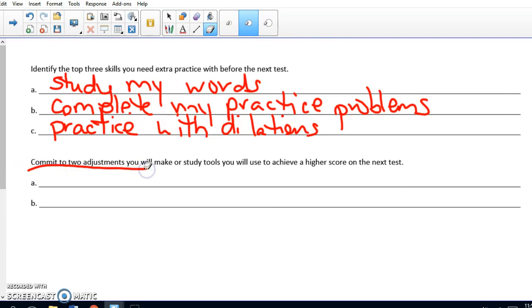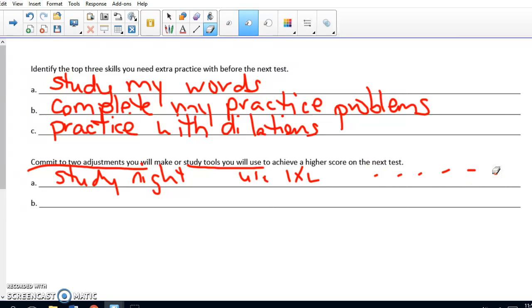And then you have to write 2 adjustments you'll make or study tools you'll use to achieve a higher score on the next test. Now, I'm going to leave that blank. I'm going to make you think about that. But adjustments you will make might be study the night before or use IXL for extra practice or all kinds of things.